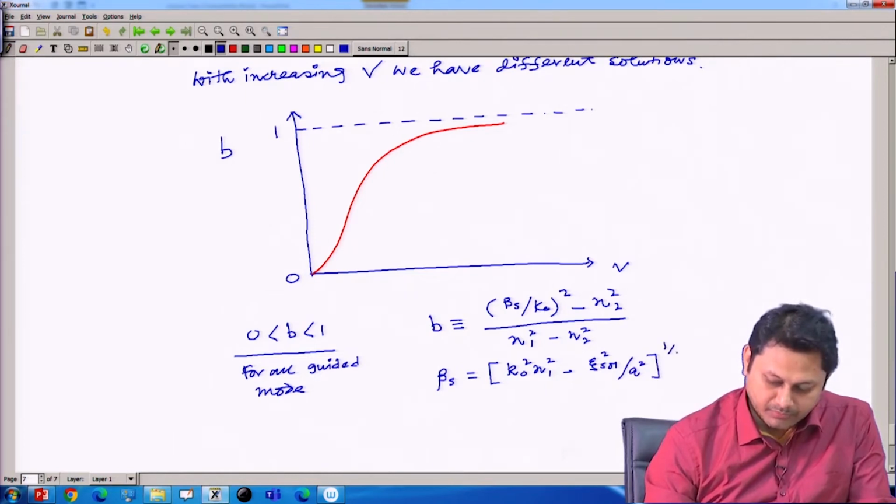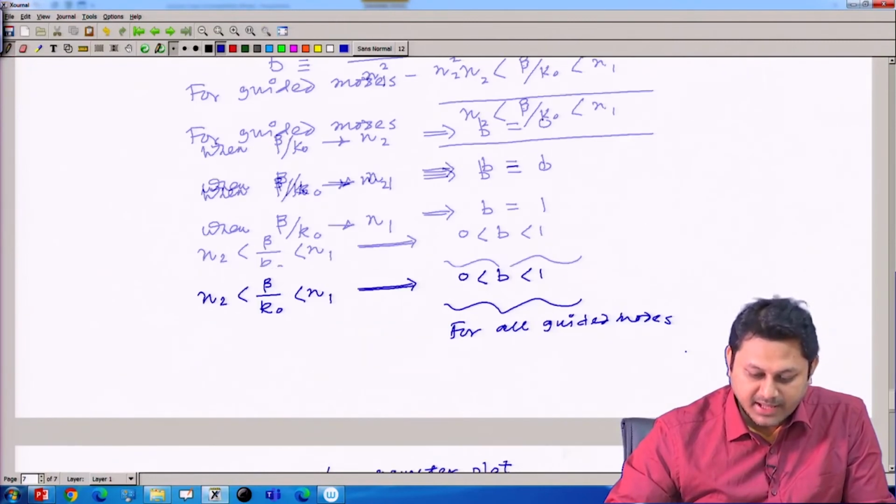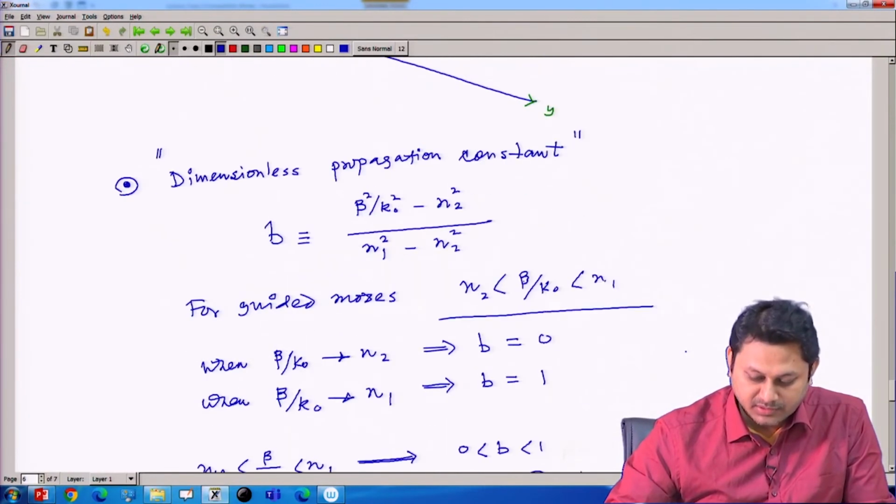Whole to the power half, because using the xi I can find out the solutions.